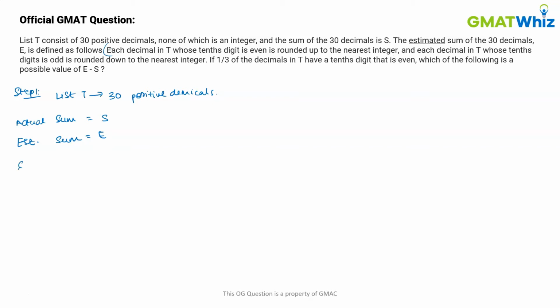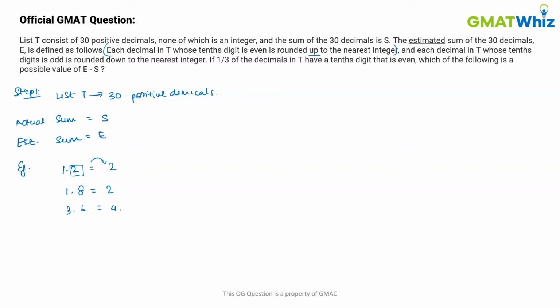Let's take a number such as 1.2. Here we can see that the 10th digit is even. Now what happens after this? It is rounded up to the nearest integer. That means we will write this as 2. Similarly, if I have another number which is 1.8, I will write this as 2, or 3.6, I will write this as 4. So this is what the first part of the statement means.